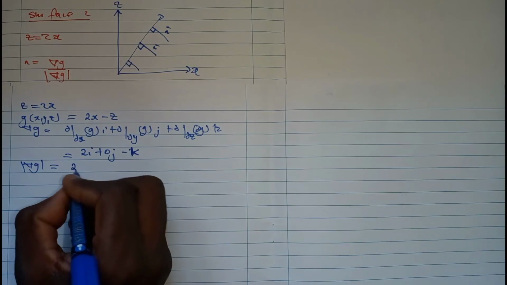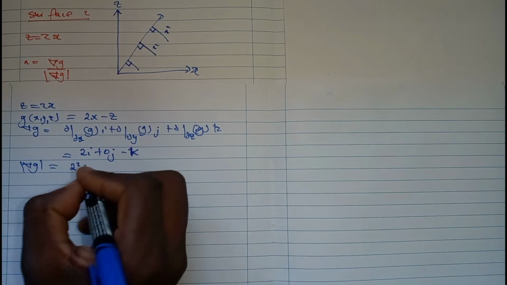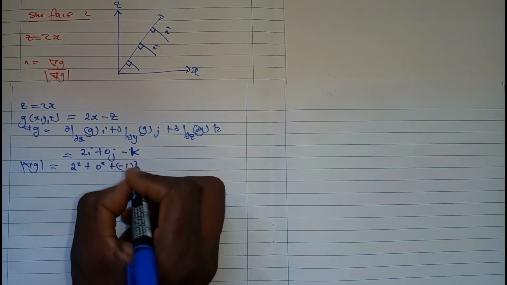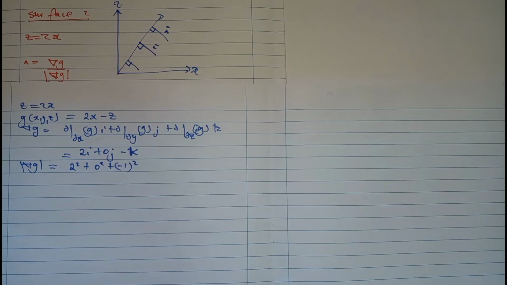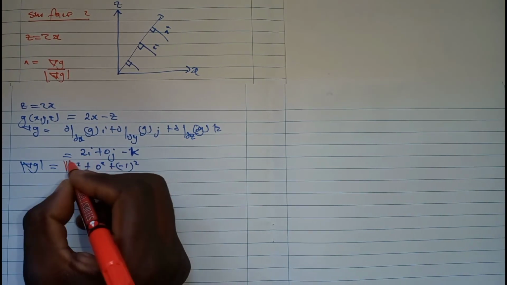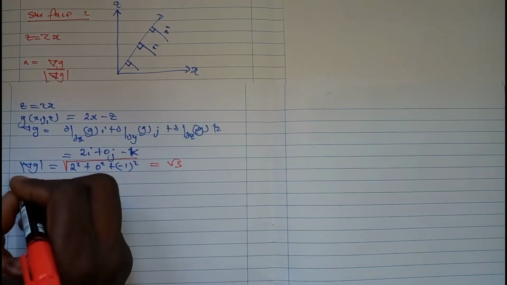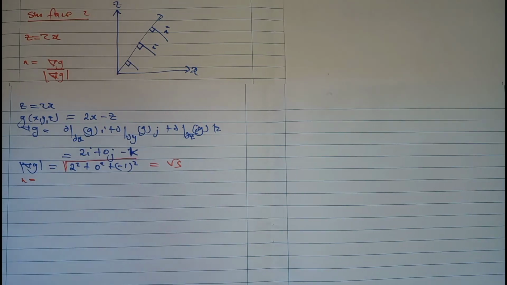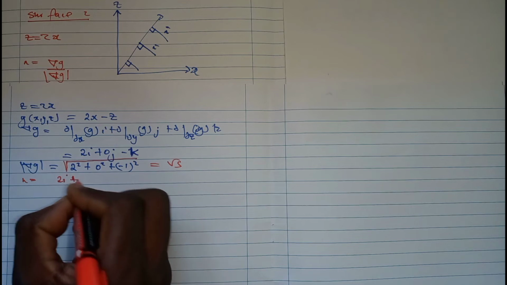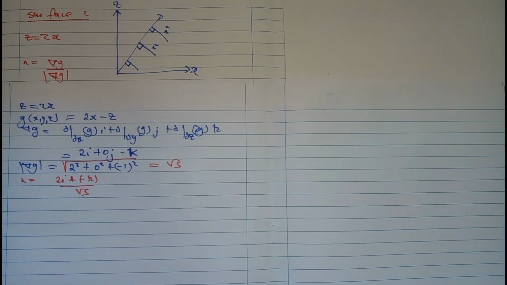You're going to get the square root of 2 squared plus 0 squared plus minus 1 squared, and we're going to get root 5. So this means the normal is equal to 2i plus negative k, divided by root 5.